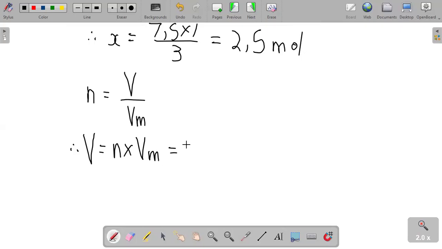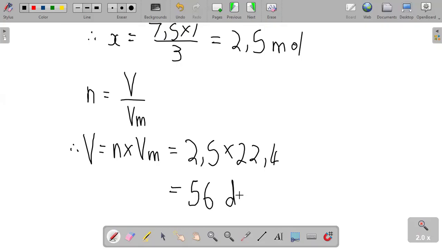So it's going to be 2.5 multiplied by the molar volume, which is 22.4. So this is a constant. So you use a calculator, and it gives me 56 cubic decimeters.